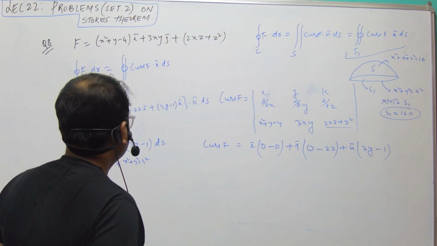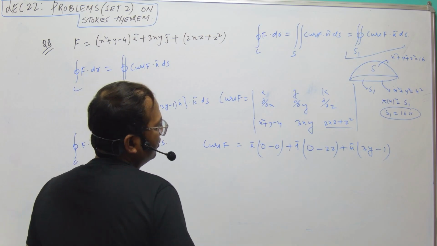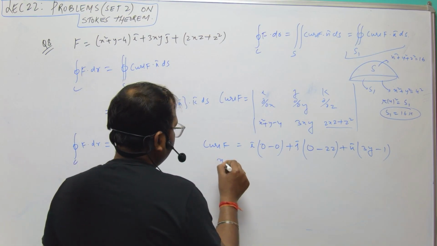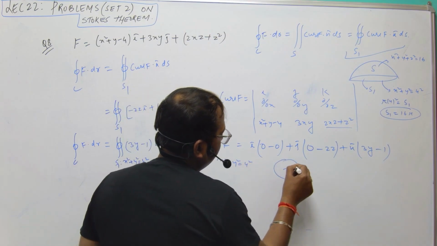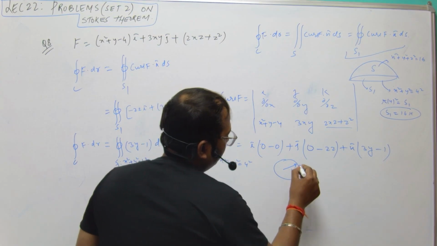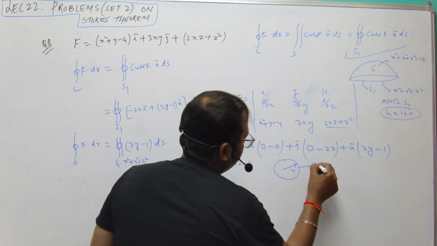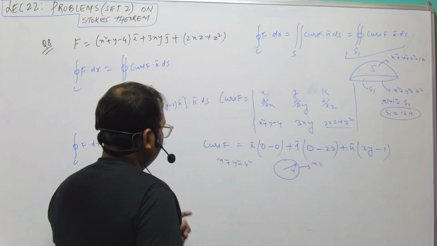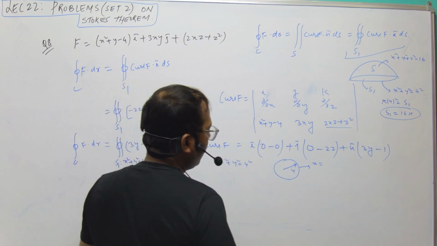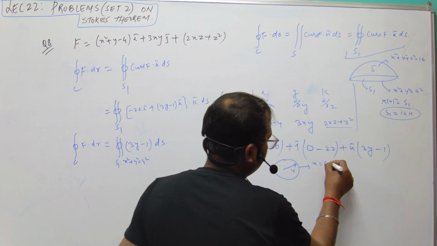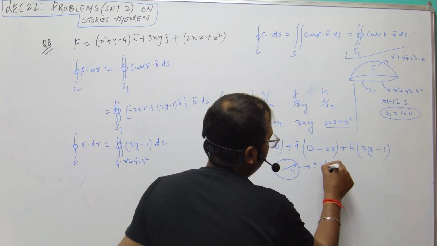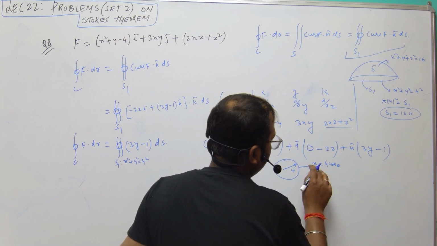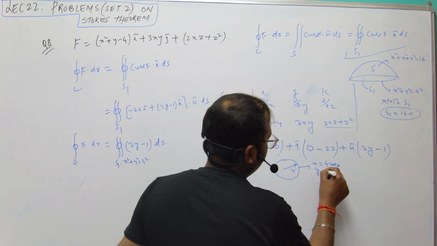Okay, so in terms of parametric form, let us write down the circle. x square plus y square is equal to 4 square, so this is a circle of radius 4 units. In terms of parametric form, x is equal to 4 cos theta, and y is equal to 4 sin theta.